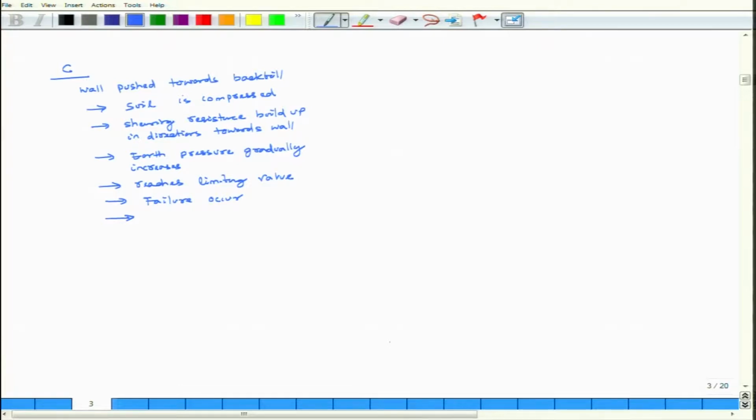This is called your passive earth pressure.